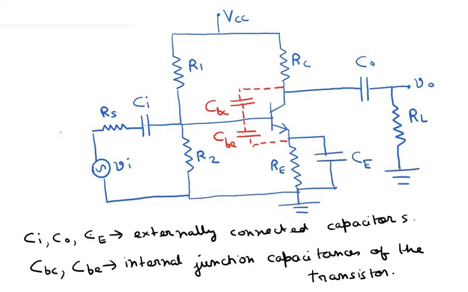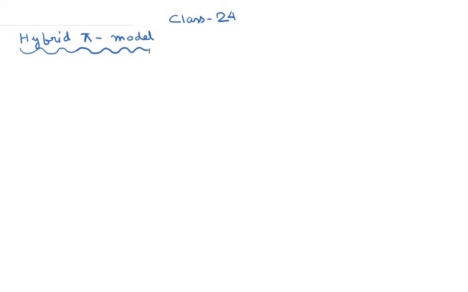Now let us discuss how these capacitances actually affect the frequency response. The first question is, what do I mean by the frequency response? Frequency response is basically understanding how the gain of your transistor amplifier is behaving with the change of frequency.